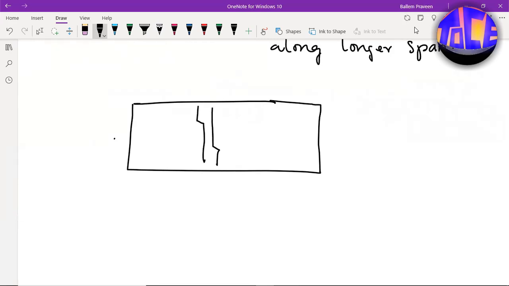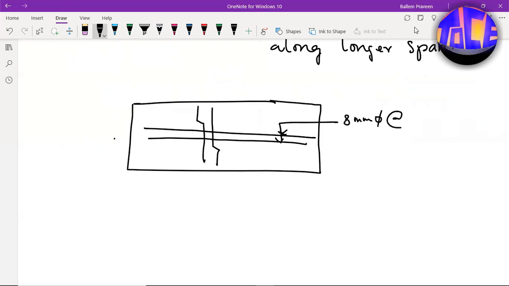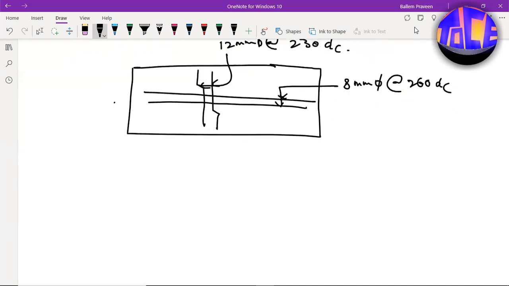And along the longer span you have to provide the distribution reinforcement. So this is your 8 mm dia at 260 center to center, and this is 12 mm dia at 230 center to center. Even you can draw the cross section profile also. I hope you can do that on your own.